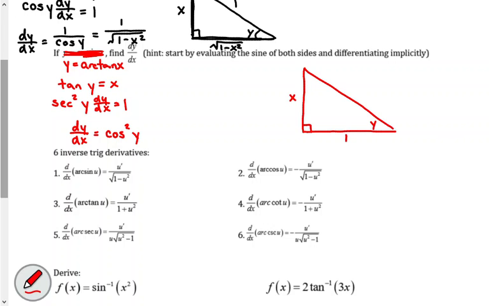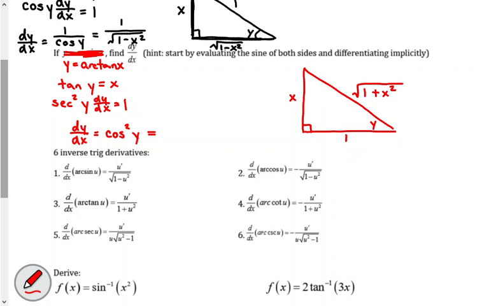And so my hypotenuse is square root of x squared plus 1 squared. Usually they write the 1 in front, but you can do it either way since it's plus. 1 plus x squared. So the derivative of arctan is cosine squared y.